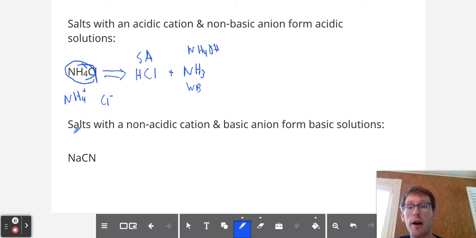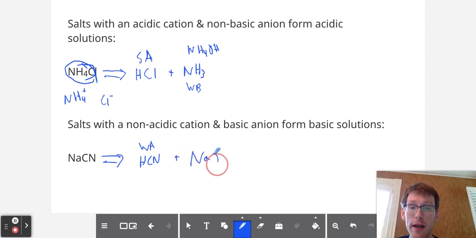All right, next, salts of a non-acidic cation and a basic anion will form basic solutions. So with NaCN, we can say that this came from HCN, which is a weak acid, and that reacted with a strong base, NaOH.